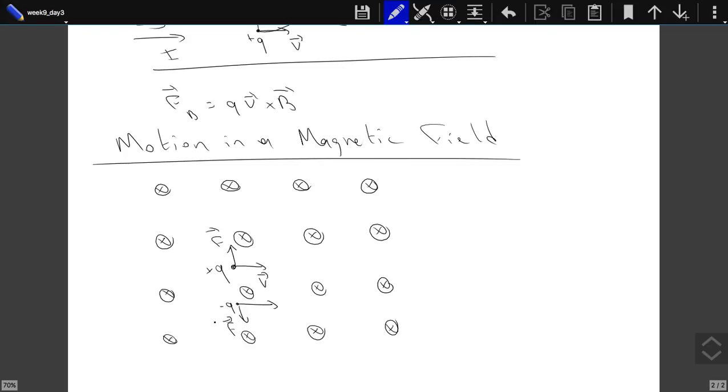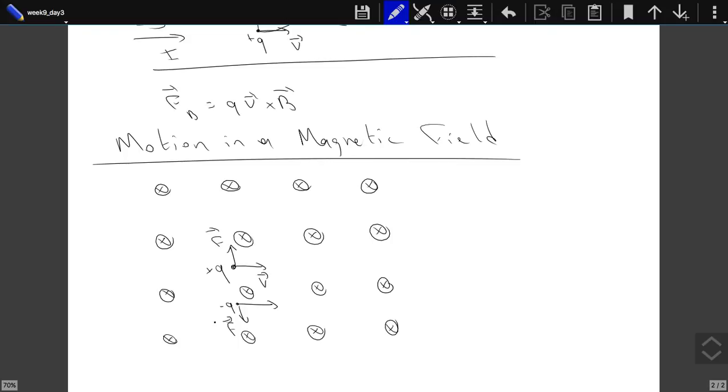So there is no electric field, there is only a magnetic field. So does the magnetic field do any work on this charge? It can cause displacement, but that doesn't mean it does work.